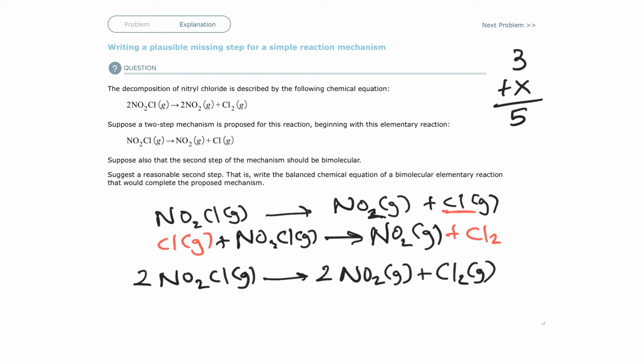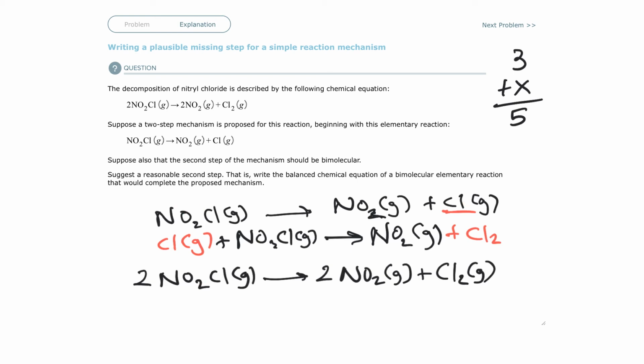Okay, so let's check out everything, make sure that we're okay. It starts with what we're given, NO2Cl, breaks apart into NO2 plus Cl. Okay, but the Cl is not in my final, so this has got to be an intermediate. So I put it on the next line. Then I check and say, can these two things add up to give me this? And I realize these are going away because they're my intermediates.